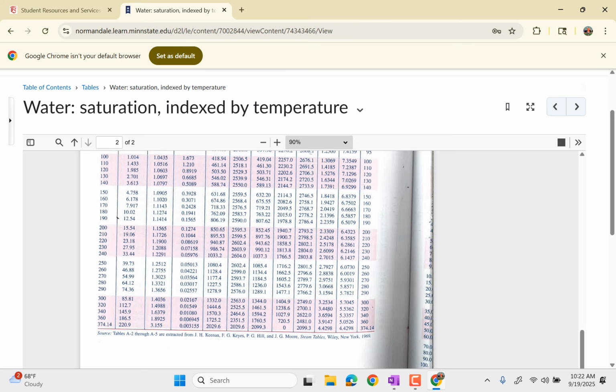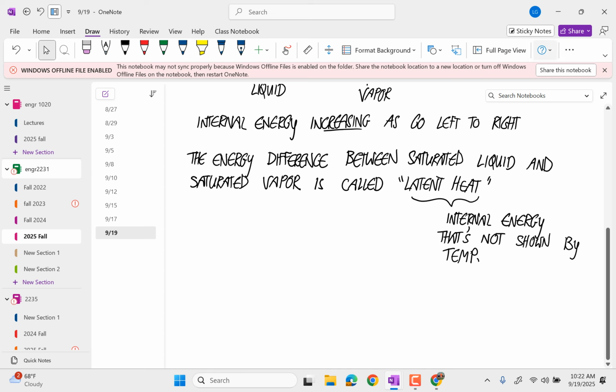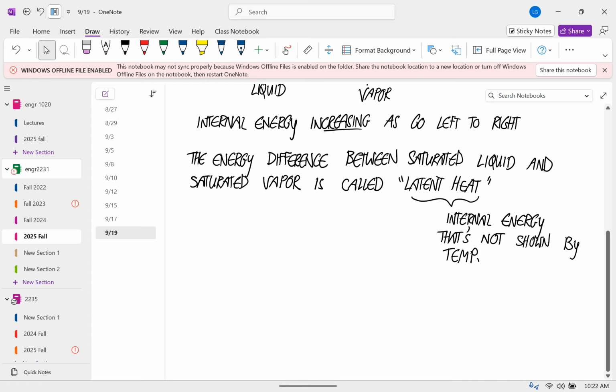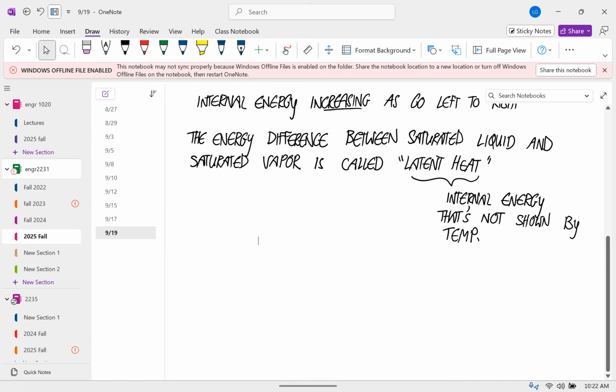And so all that energy is energy that doesn't show up in the temperature and pressure at all. But when you have water vapor, that's energy that's available for you to use for engineering purposes. So let's go back to, now that sort of brings me to, this latent heat is really important for engineering.